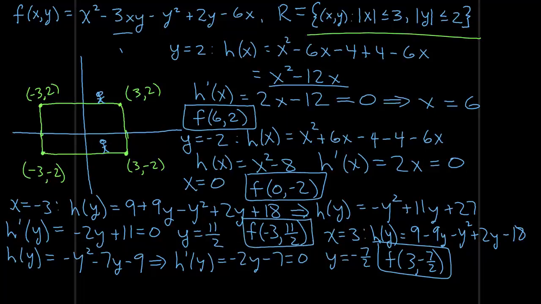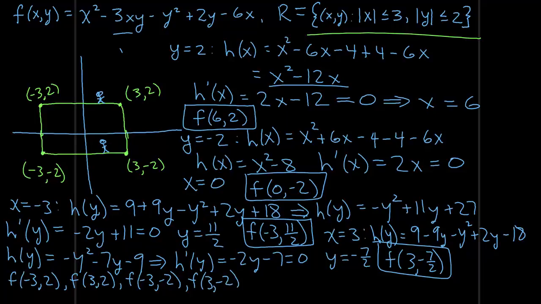But that's not all. So we plug each one of those in, and then we also find these. F of negative 3, 2. We find F of 3, 2. We find F of negative 3, negative 2. And we find F of 3, negative 2.